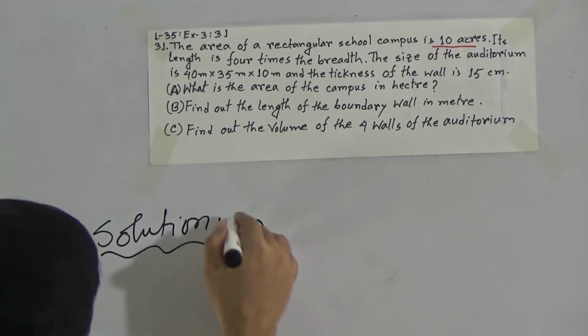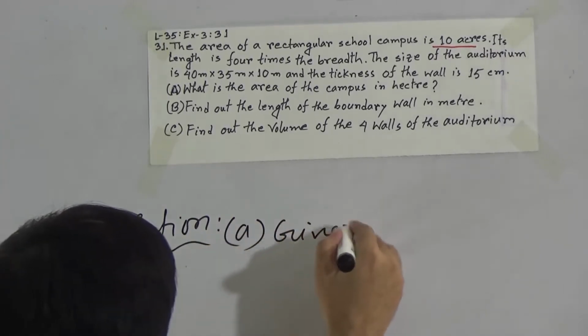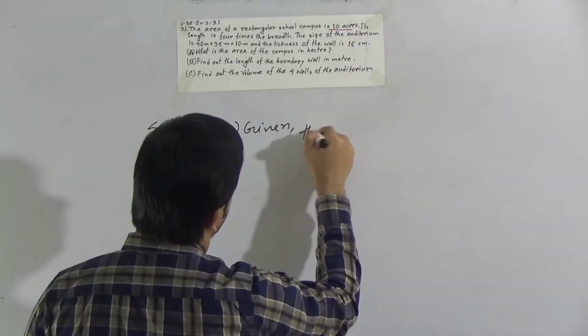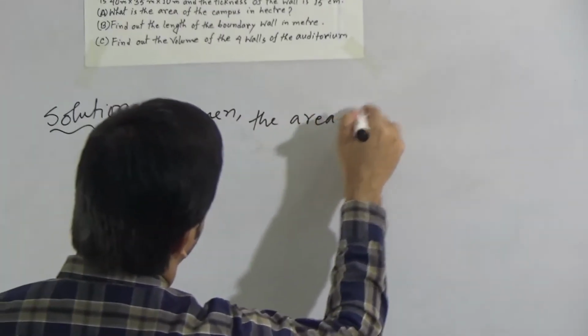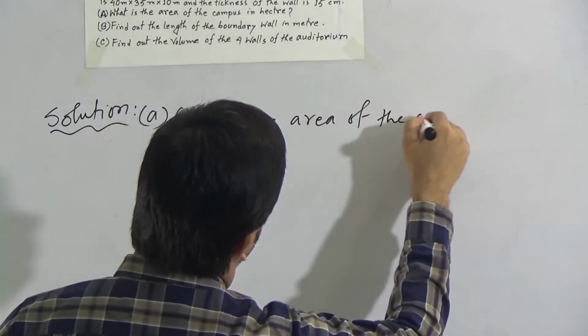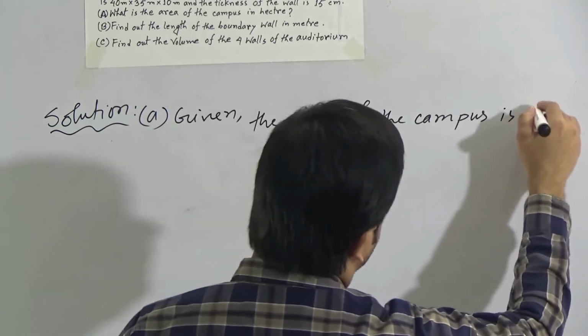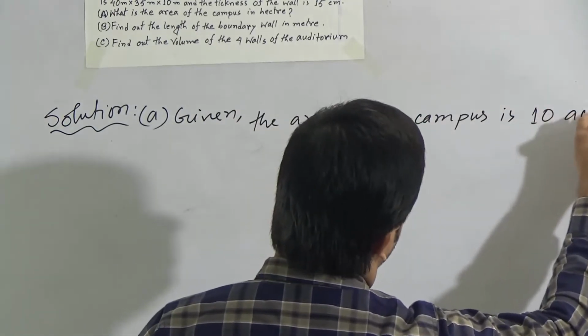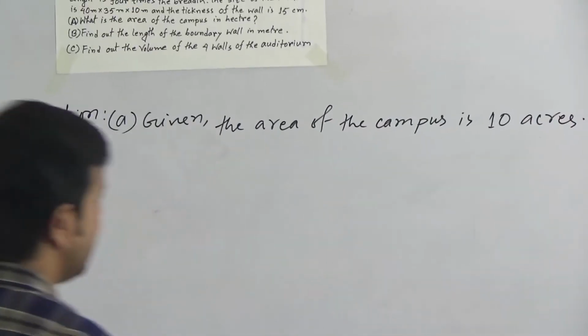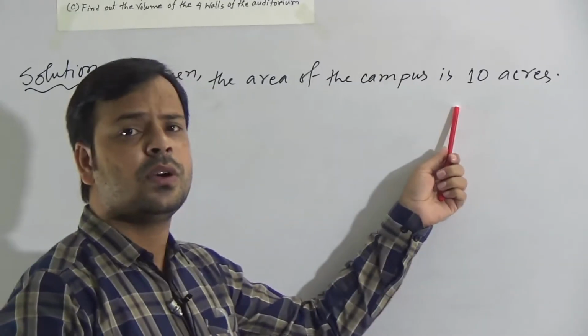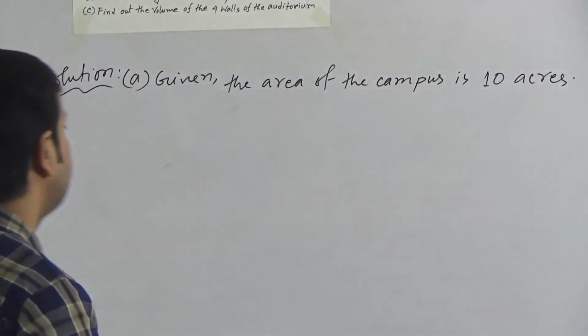Question A, given the area of the campus is 10 acres. So if we can convert this 10 acres into hectares, we will get our required answer. So we have to know the relation.